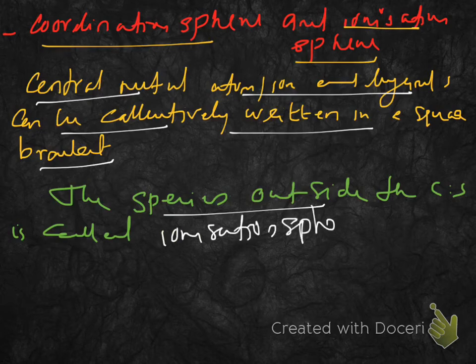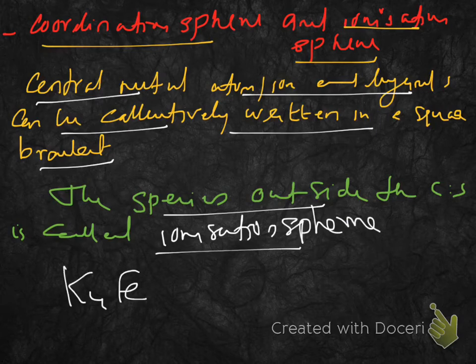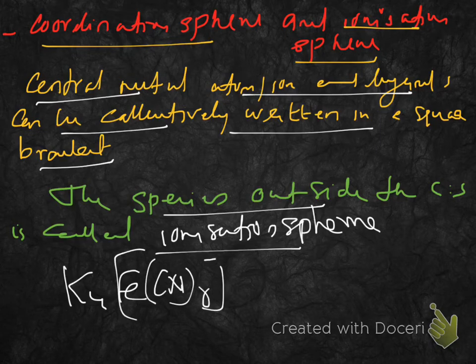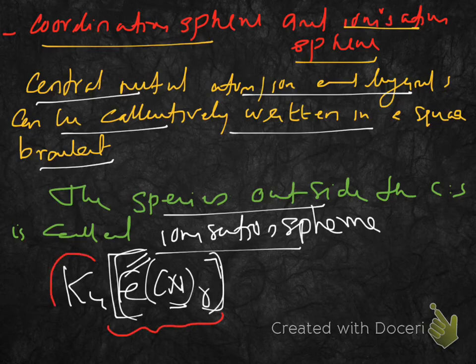K4[Fe(CN)6]. Here the central metal ion Fe and the ligand cyanide are written in a square bracket, so this part is called the coordination sphere. K4 is outside the coordination sphere, that is called the counter ion or ionization sphere.